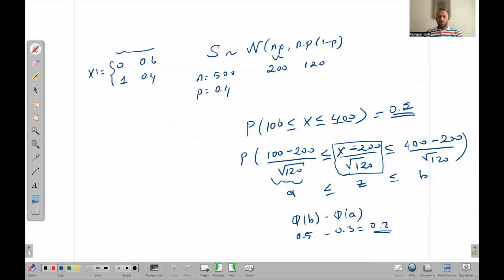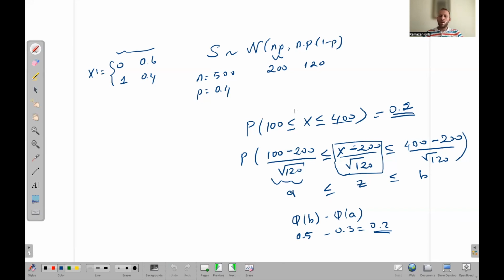Okay. So we have seen how we can approximate the binomial distribution to the normal distribution thanks to the central limit theorem, and then how we can standardize that normal distribution to solve much more complex problems in an easy way.